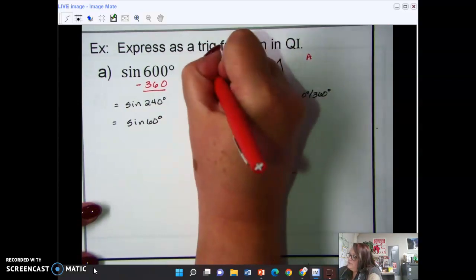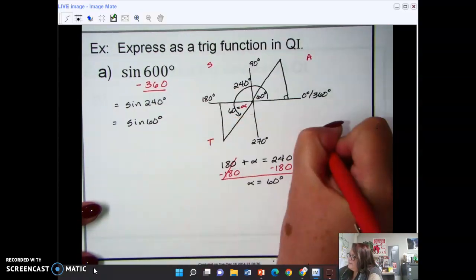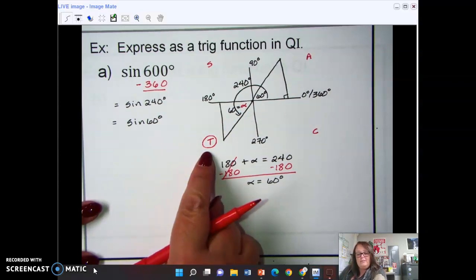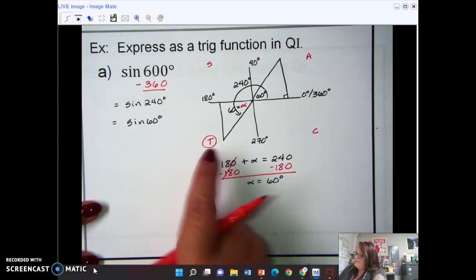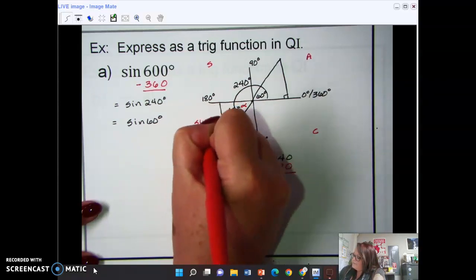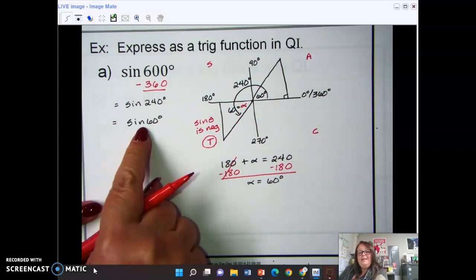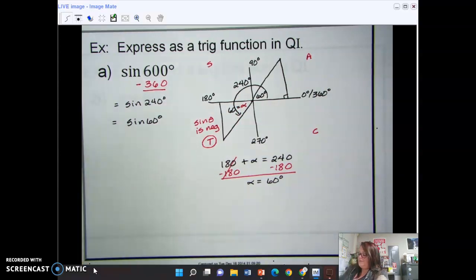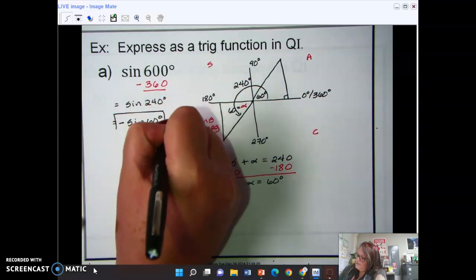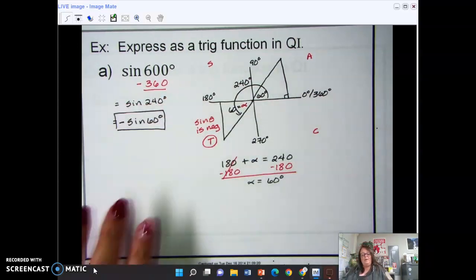If all students take calculus, this is saying tangent is the only function that's positive in quadrant 3. And so that means that the sine of theta is negative. So for this to be exactly the same as the sine of 600, I would have to make this negative sine of 60 degrees.